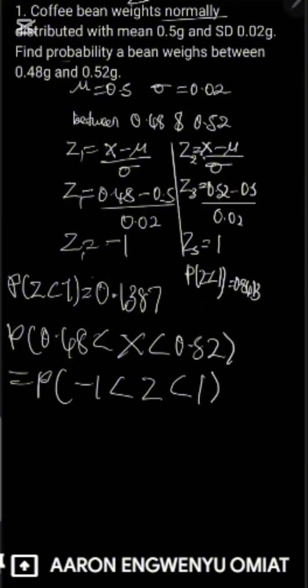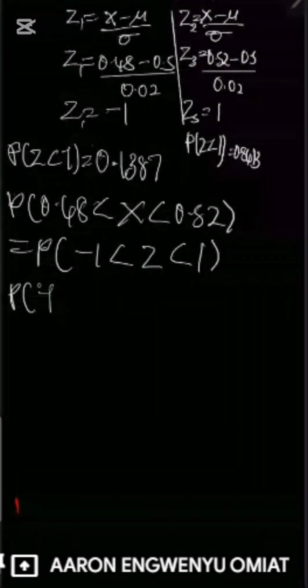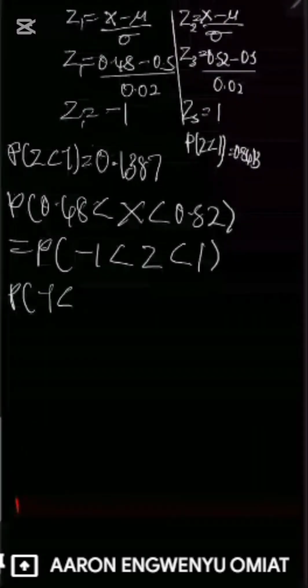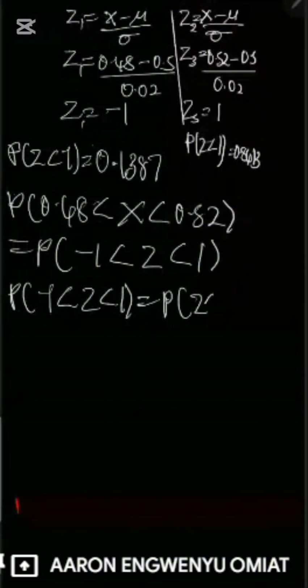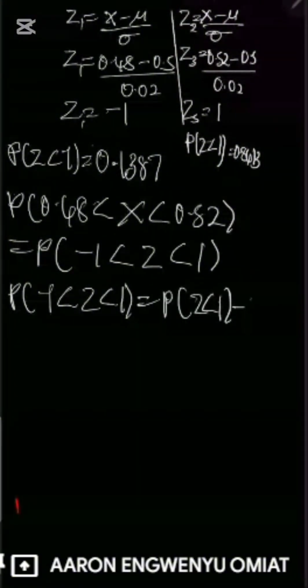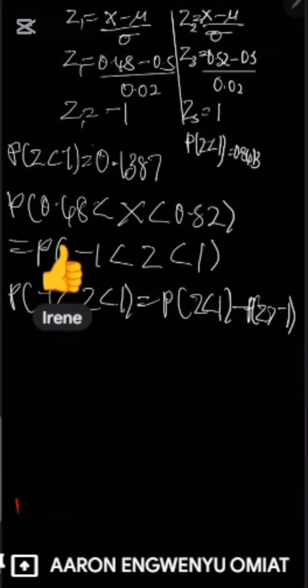And we know that the probability of -1 less than z less than 1 is the same as the probability of z less than 1 minus the probability of z greater than -1. Does everyone understand this part? Check in the chat.